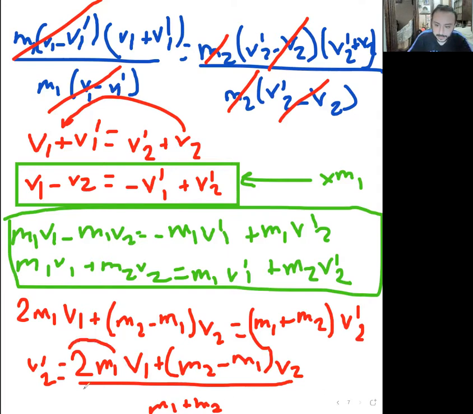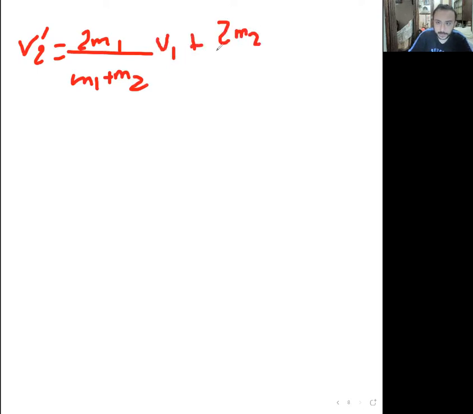So this is a factor of v1 and this is a factor of v2. So it will become v prime 2 equals 2 m1 over m1 plus m2 times v1. Okay, I put v1 alone, and the other factor for v2. If you are doing the calculation on your paper, you can see it.